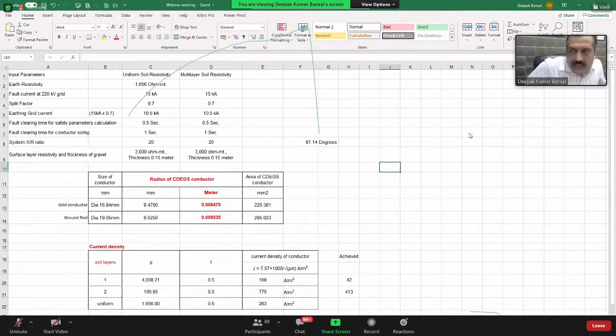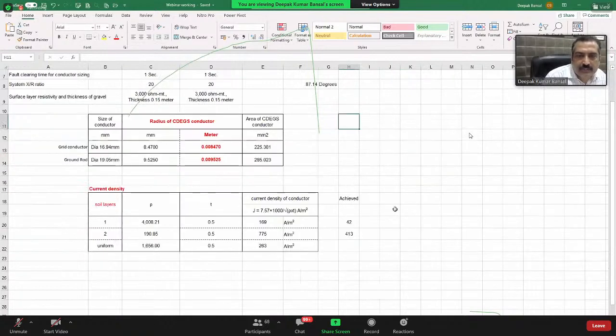Actually, it is mentioned in the IS. Basically, there is a calculation formula given in the IS table to check the current densities of the conductor, and this is the formula. 7.57 is the constant, into 1000, divided by the square root of rho into time.